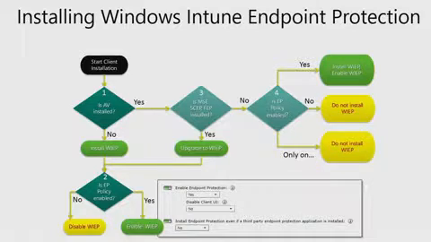So one thing I wanted to call out here, and we get a lot of questions around this, so to be absolutely clear: this is the installation behavior when you enroll a PC into the Windows Intune service. We go through a process of checking for the endpoint protection. So you can use this slide to see exactly what the policy settings will modify and what our default behavior is.